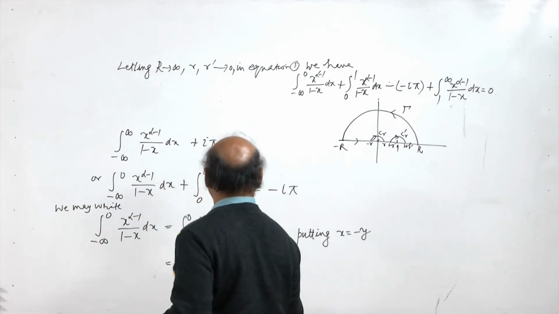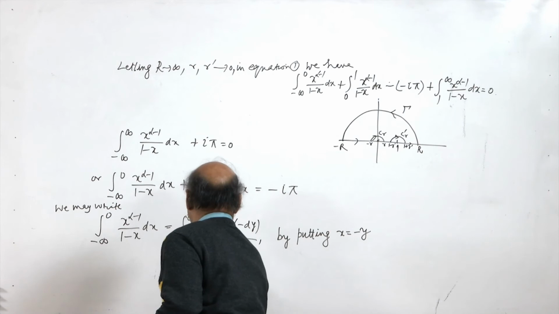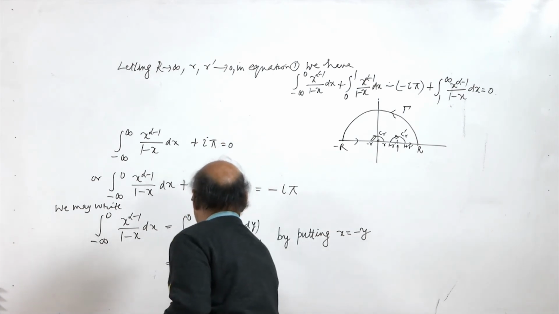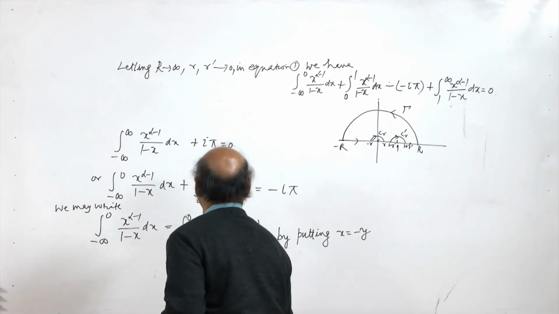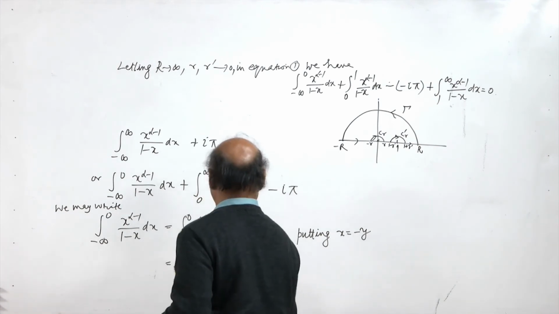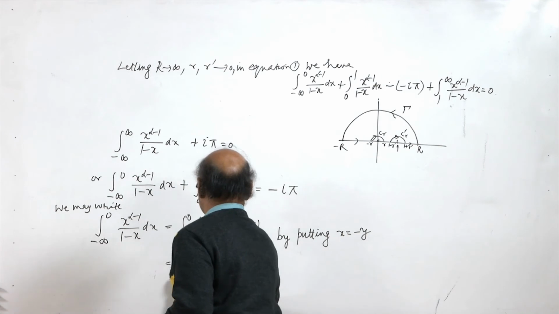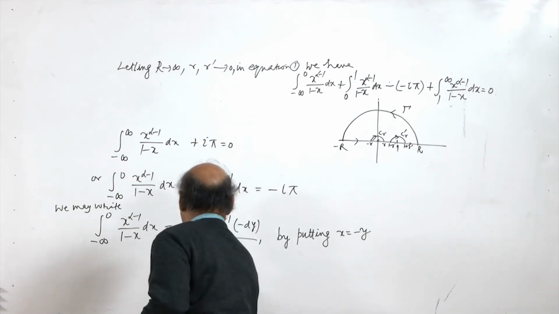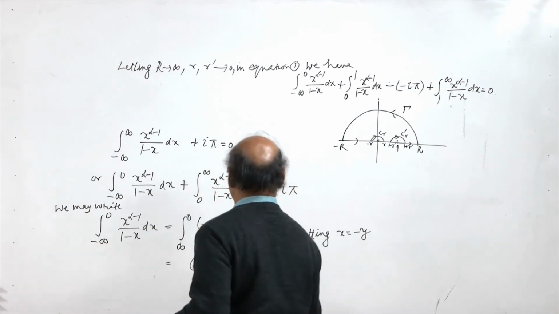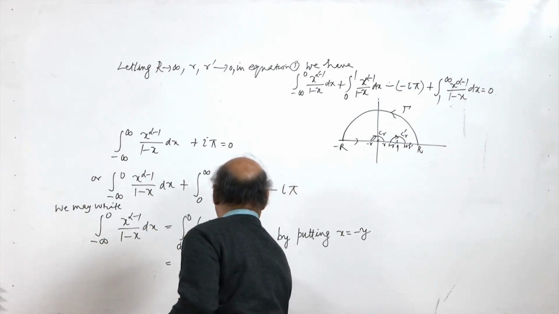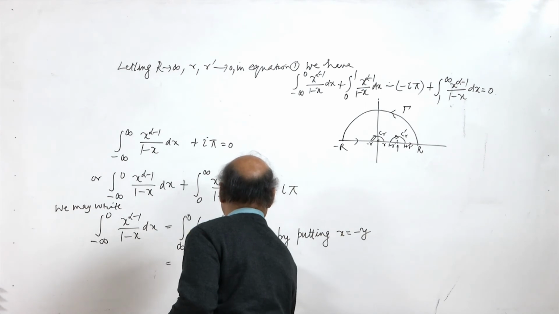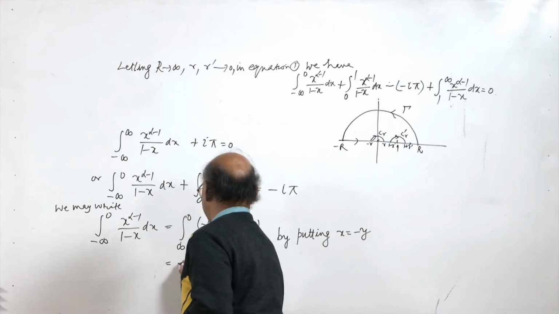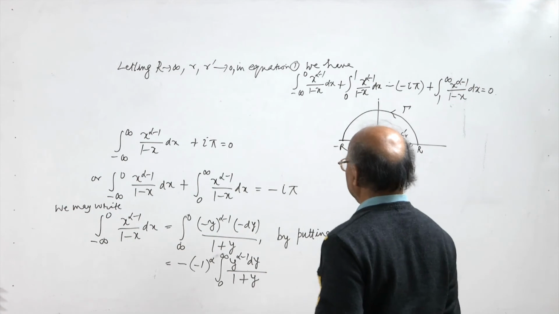Now, this is equal to minus 1 to the power alpha, integral of y to the power alpha minus 1 dy upon 1 plus y from 0 to infinity, and we put a negative sign when we change the limits of integration.